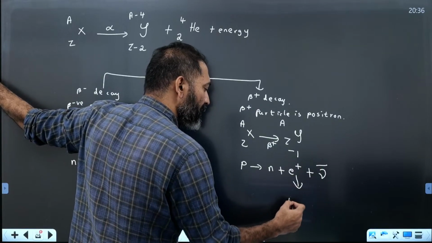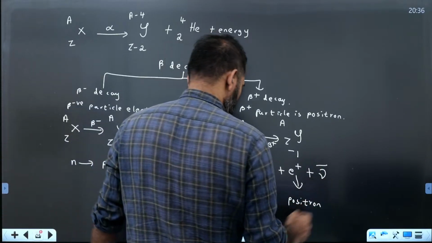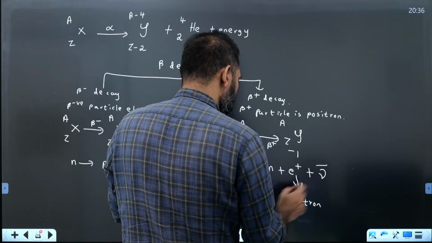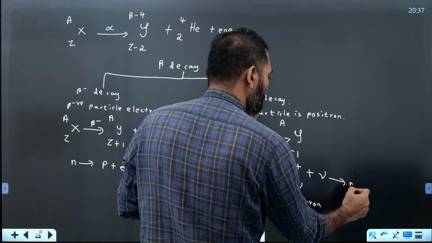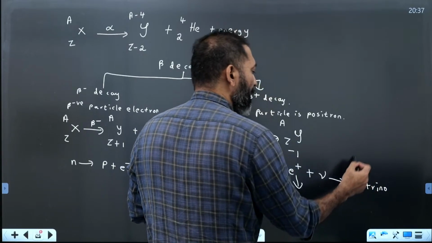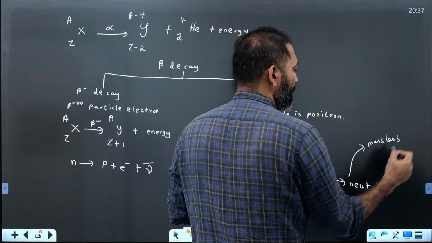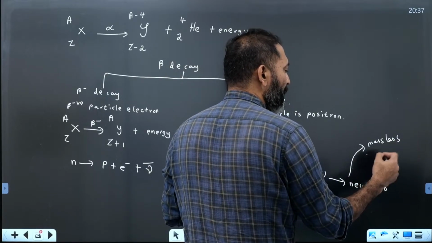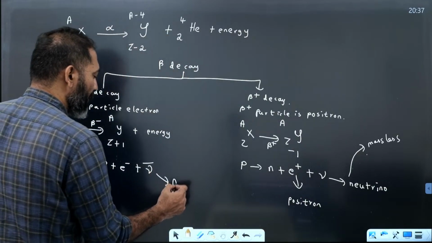This is the positron. This is the antineutrino. This is the neutrino. Some might be wondering, what is a neutrino? It is a massless particle, with almost no interaction with matter.